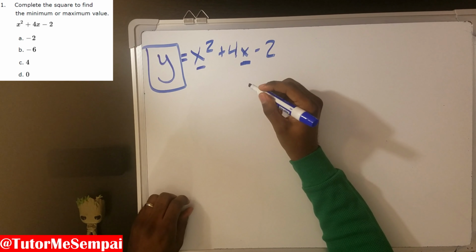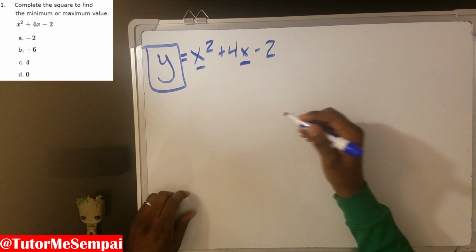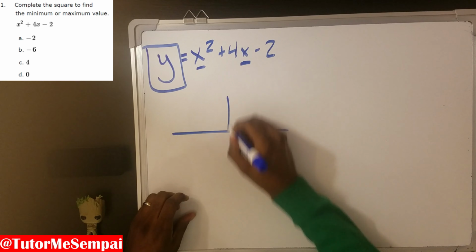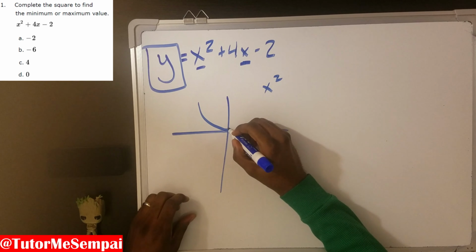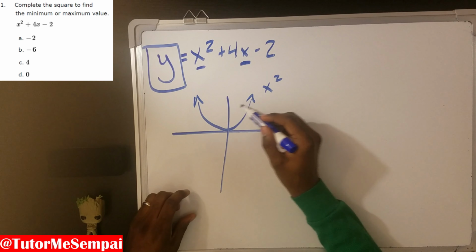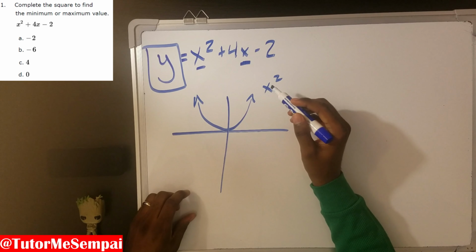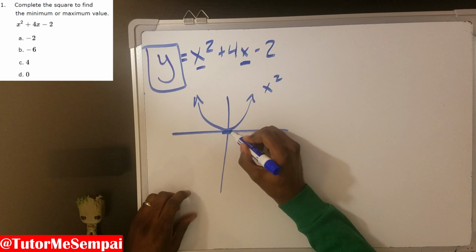To further understand this question, let us look at what a parabola looks like, a quadratic equation. Normally, for an x squared, you have something like this, in which you have both sides going off into infinity, growing with no limit, but the bottom has a very clear minimum.